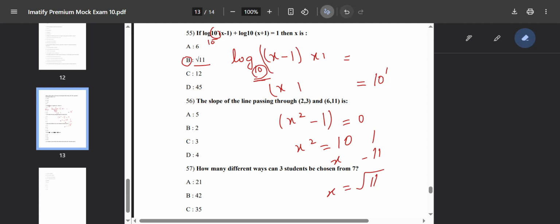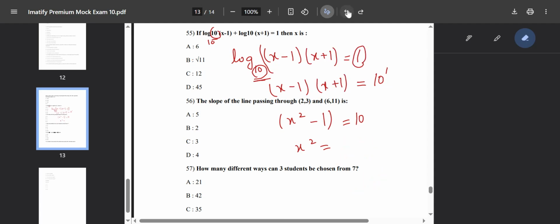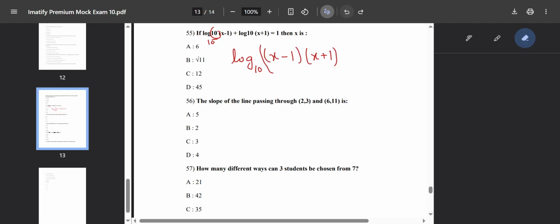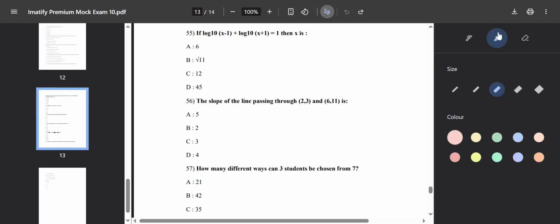Now we are going on to the next question, about the slope of the line passing through the points 2, 3 and 6, 11.